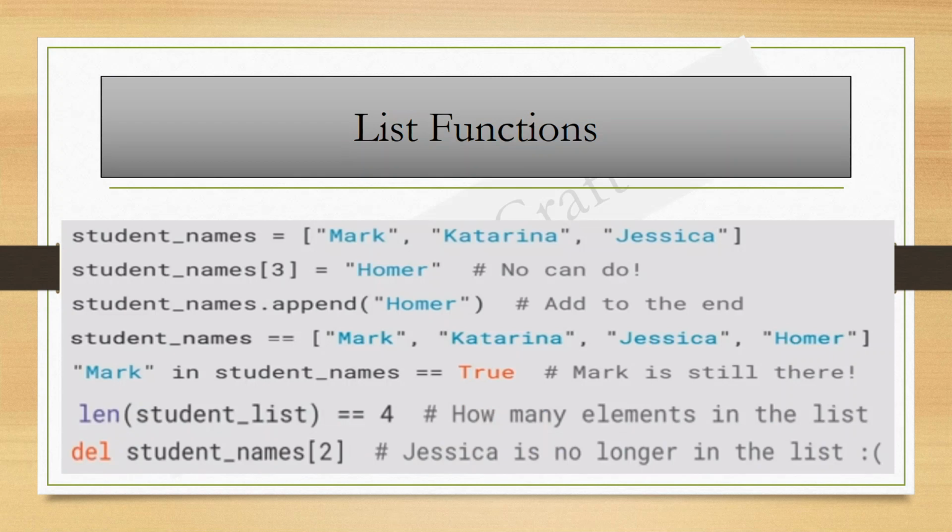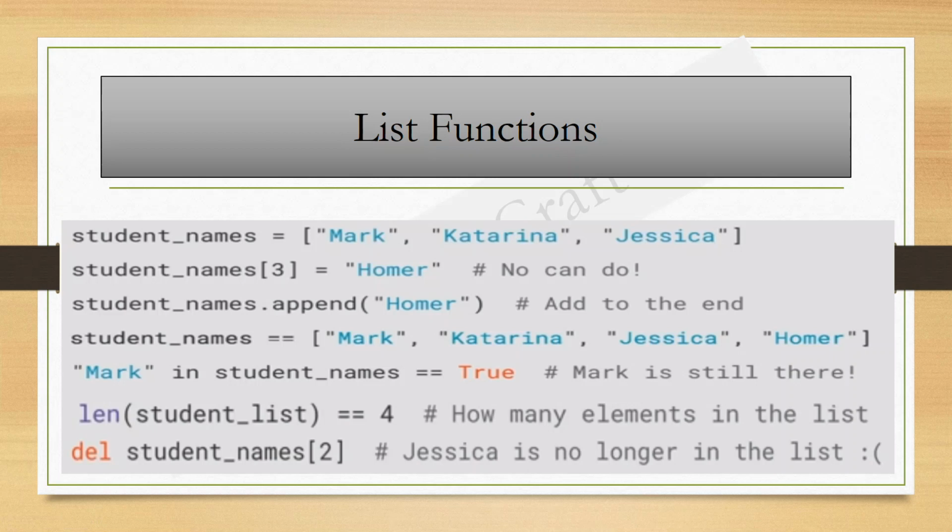If you wanted to get rid of that, we have to write something like this. del student_name[2]. So Jessica gets removed and she is no longer available in the list. Something to notice, the del comes without a parenthesis.